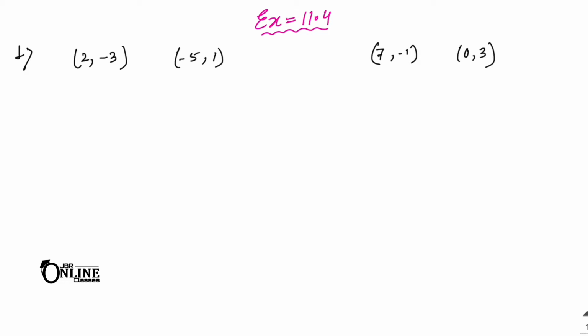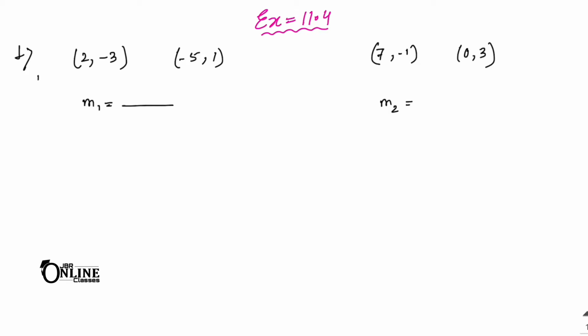Now all of you know that if two lines are parallel, then the slopes of these two lines will always be equal. Suppose M1 is the slope of the first line and M2 is the slope of the second line. You know how to find the slope: (y2 minus y1) by (x2 minus x1).